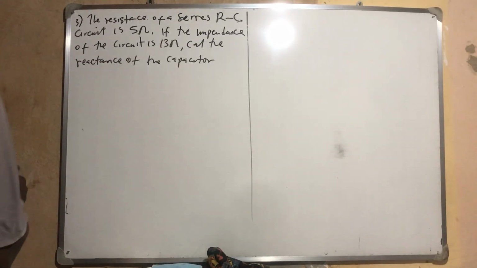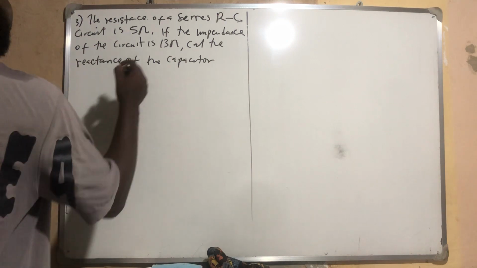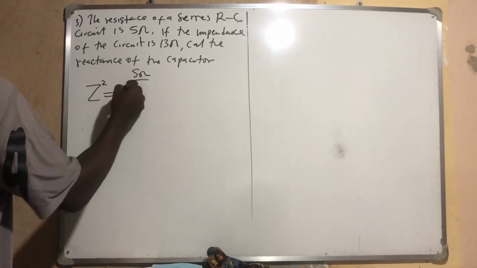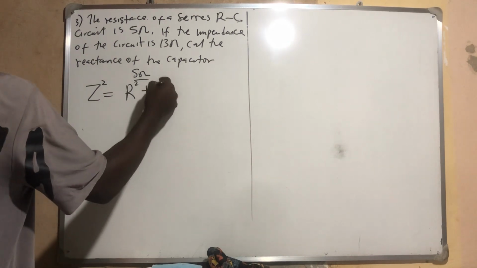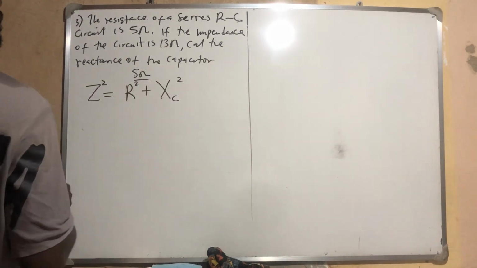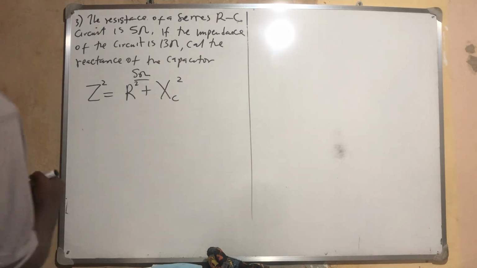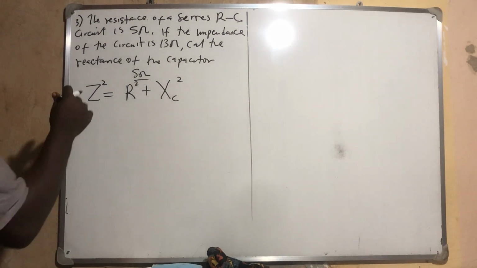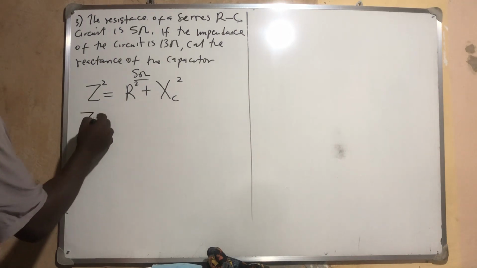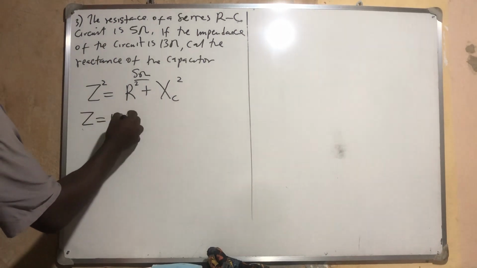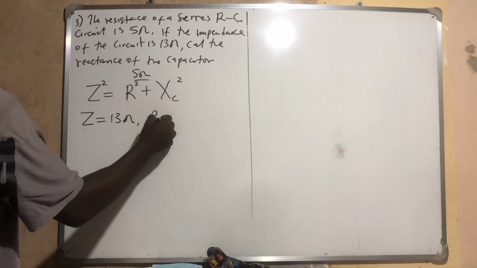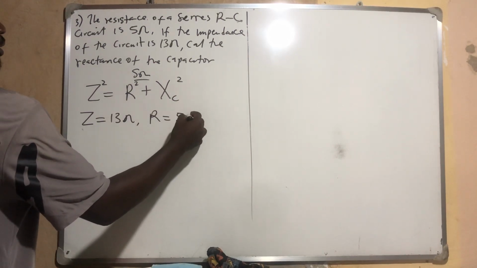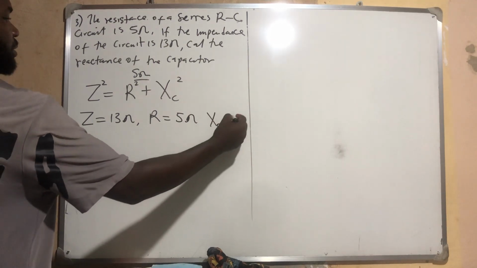Since it contains R and C, our impedance Z squared is equal to R squared plus XC squared, where XC is your reactance of the capacitor. My impedance Z is 13 ohms, and your resistance R is 5 ohms. My XC is now unknown.